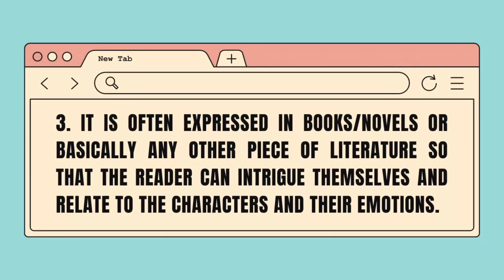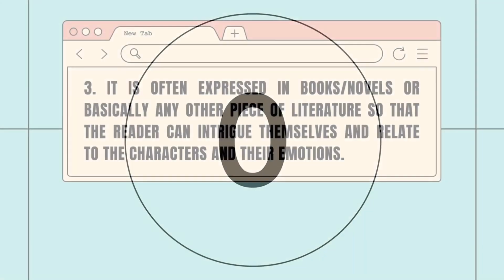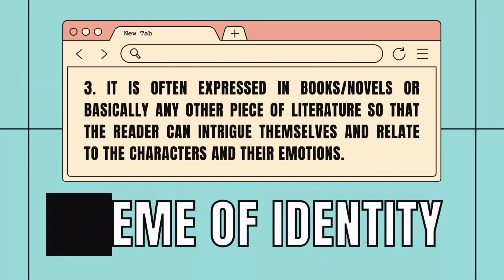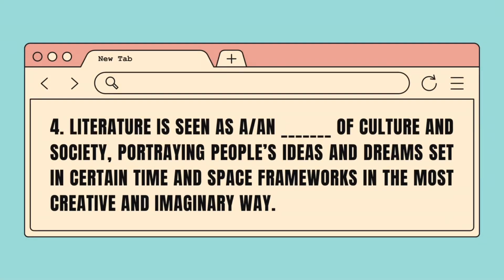For number 3, it is often expressed in books or novels or basically any other piece of literature so that the reader can intrigue themselves and relate to the characters and their emotions. The answer is theme of identity. Number 4.